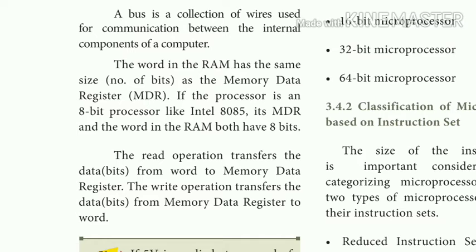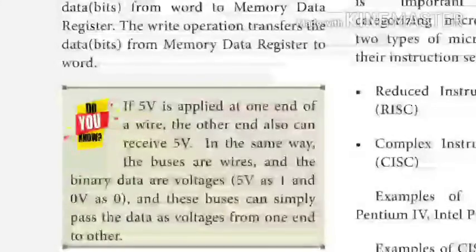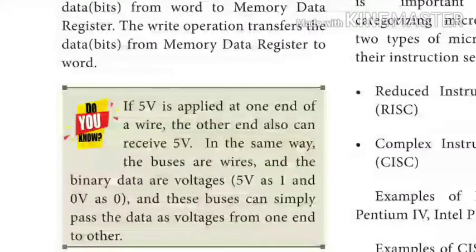So how is this data transferred? Here you can see that if 5 volts is applied at one end of the wire, then the other end also receives 5 volts. In the same way, in the bus and wire, the binary data or voltage is being transferred.